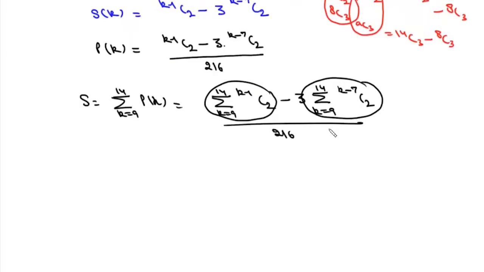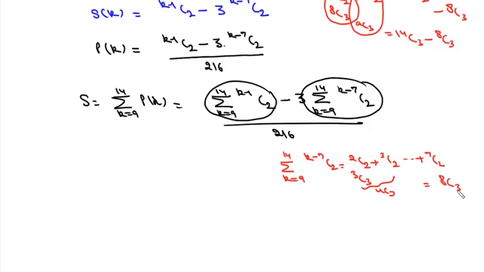And if we look at the second series, which is the summation k varies from 9 to 14 of k minus 7 C2, now this is 2C2 plus 3C2 up to 7C2. Now 2C2 is 1. We can also write this as 3C3. So the next one will be 4C3, and finally it will be 8C3.